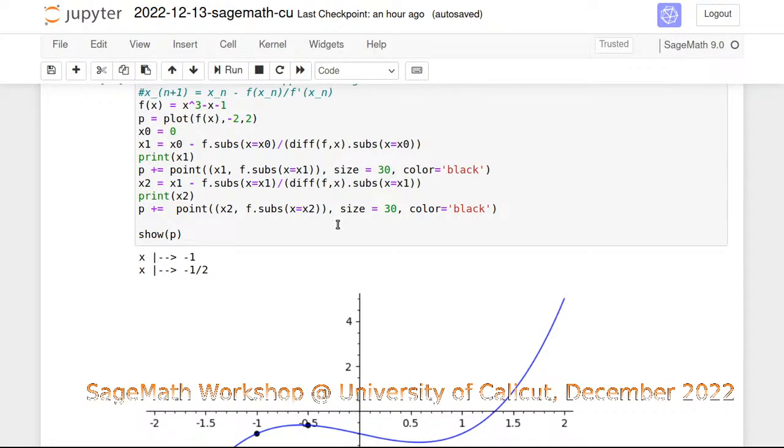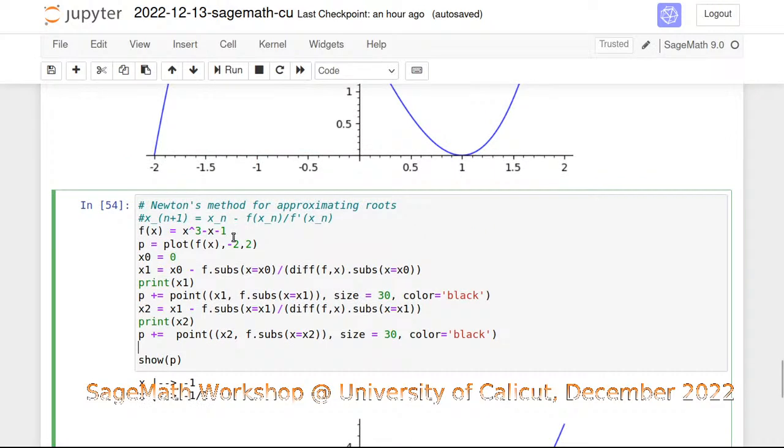Okay, so now to do all these things, let me just update the Google document with all this. We will try to automate this process in a loop, but before that I am updating the Google document.